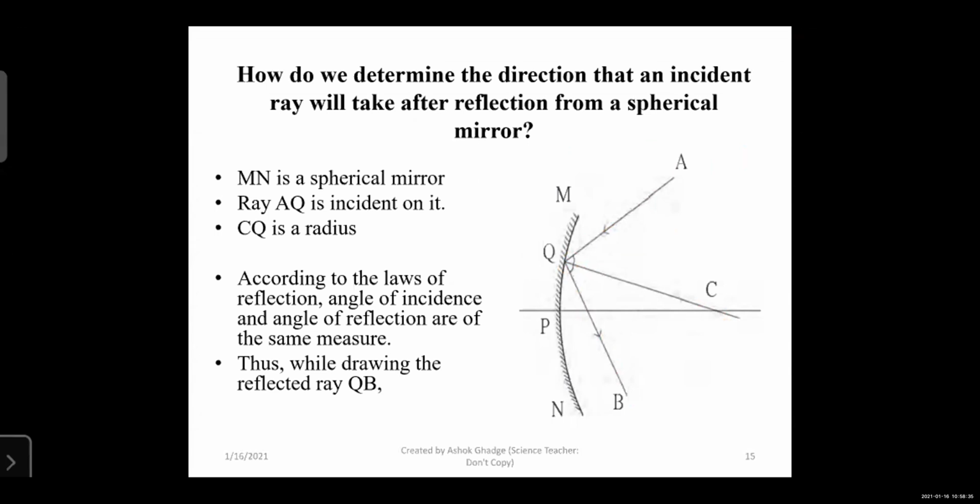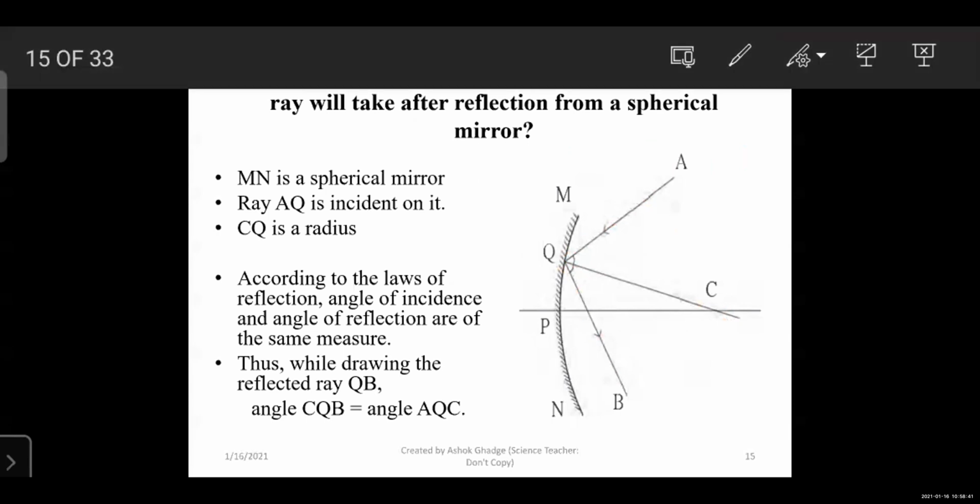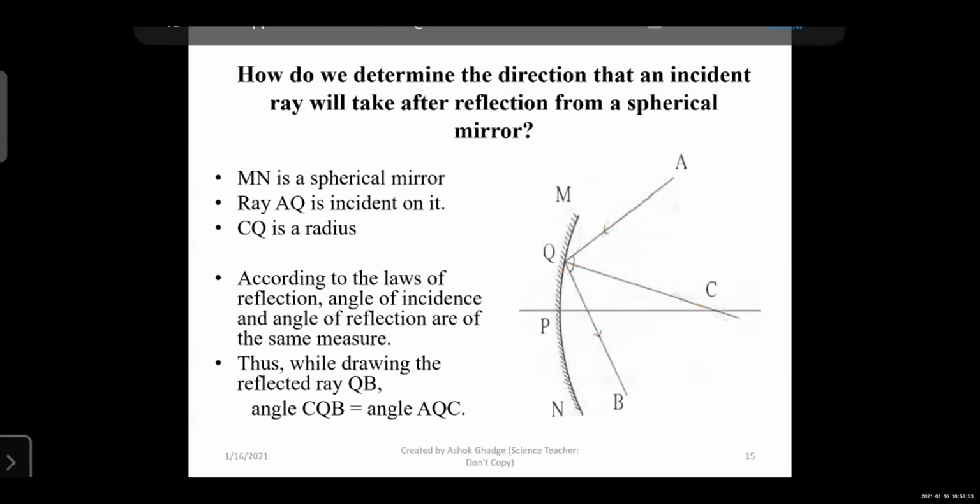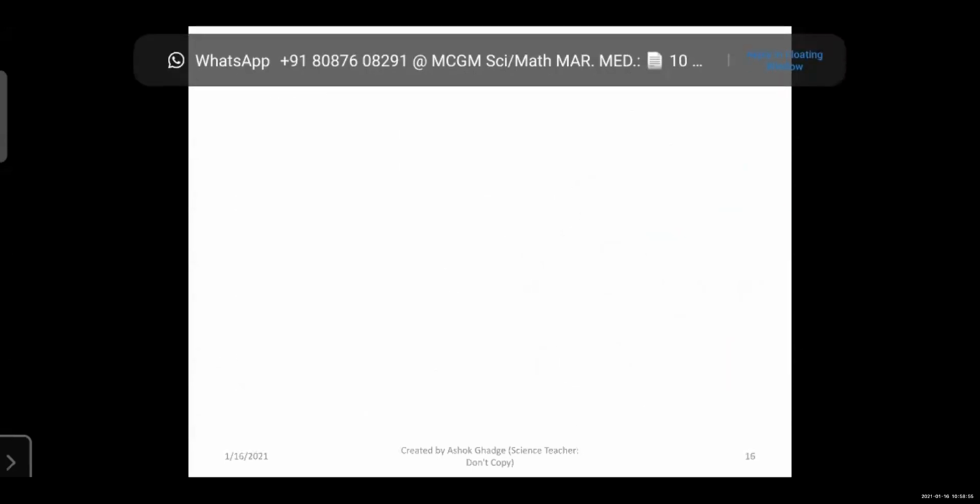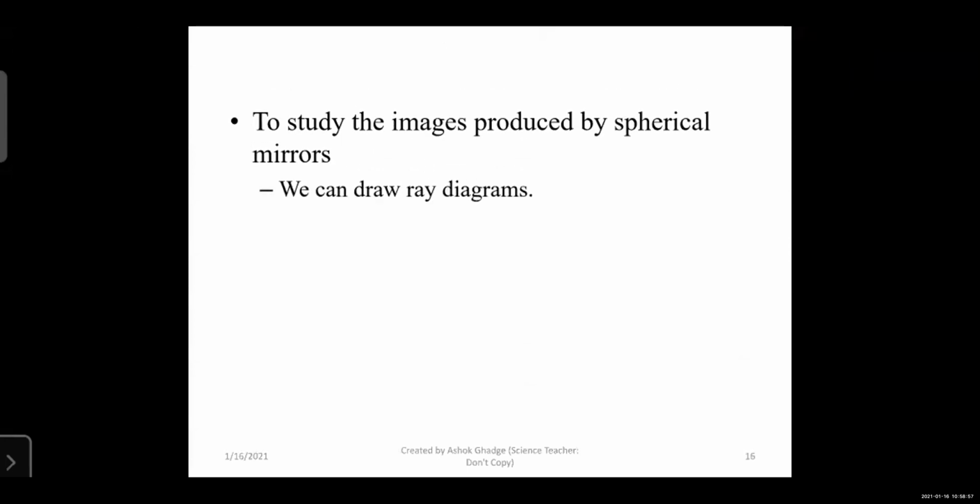Thus, while drawing the reflected ray QB, angle CQB and angle AQC are equal. In that way, we will determine where that ray will go.